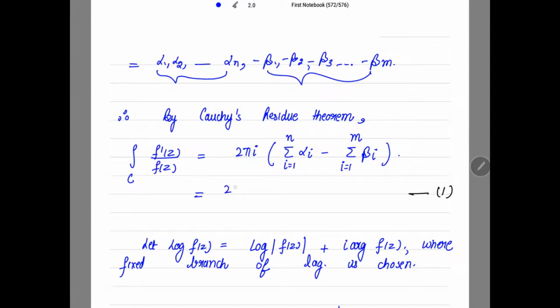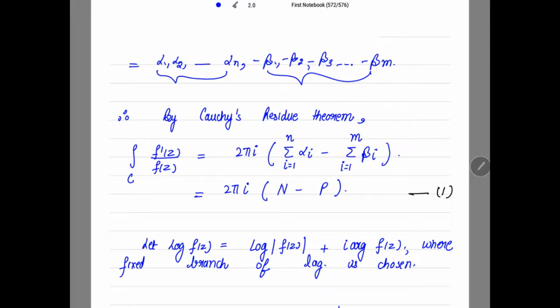So this is equal to 2 pi i times alpha i, nothing but the number of zeros, minus betas, nothing but the number of poles. Is it clear?